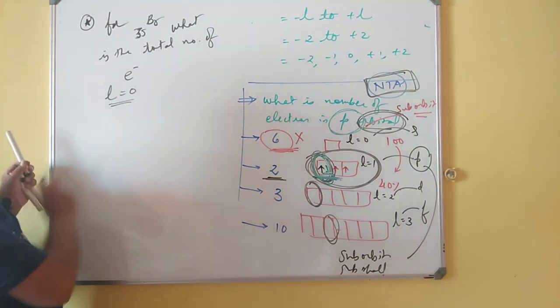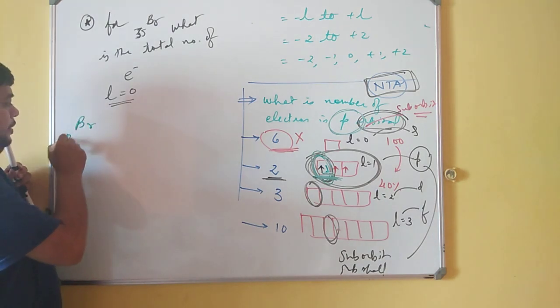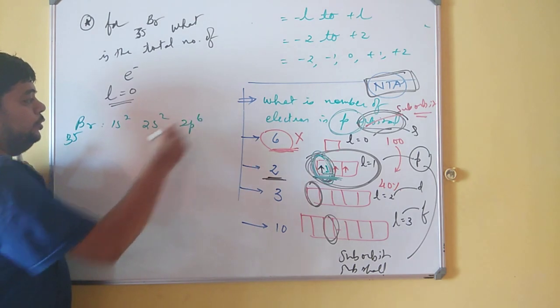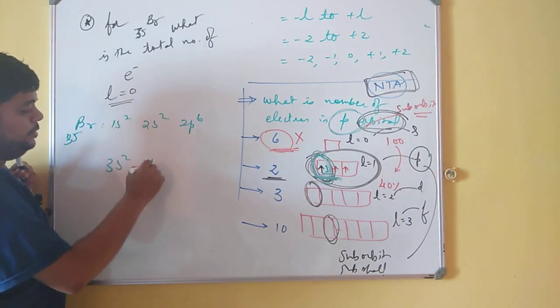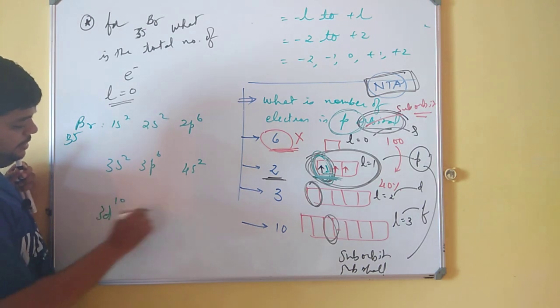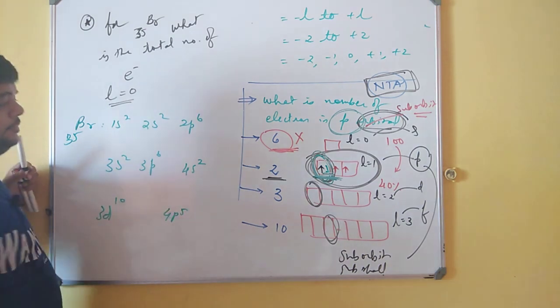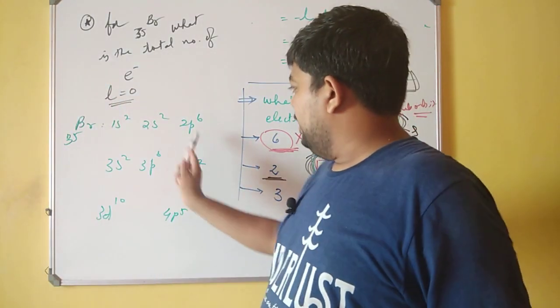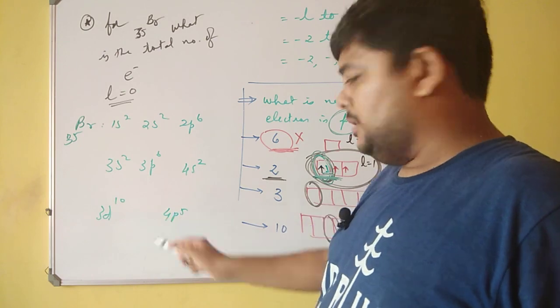See what happens. Bromine 35: 1s2, 2s2, 2p6, 3s2, 3p6, 4s2, 3d10, 4p5. Check whether it is 35 or not. 10, 20, 30 and 35.